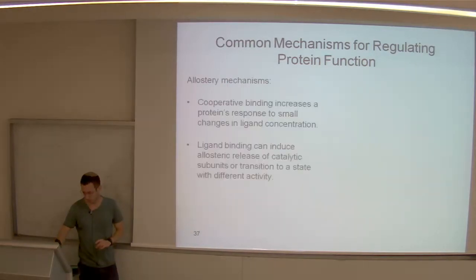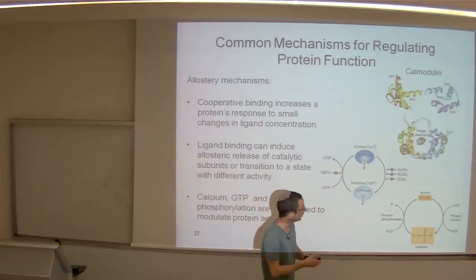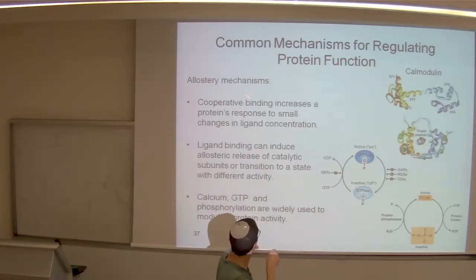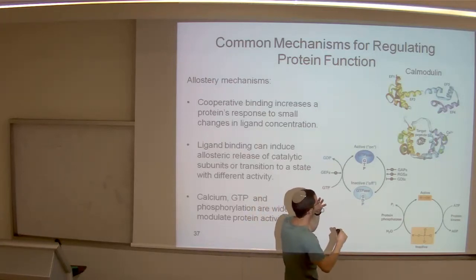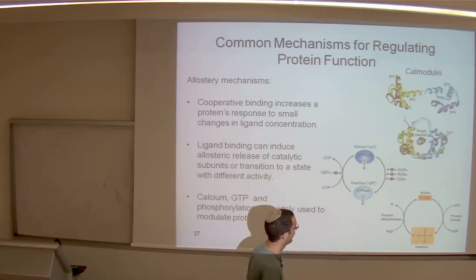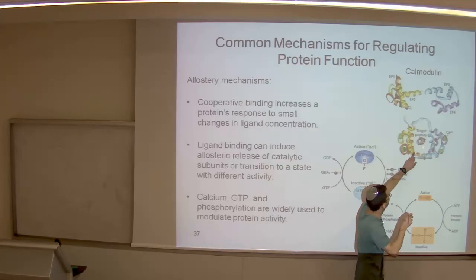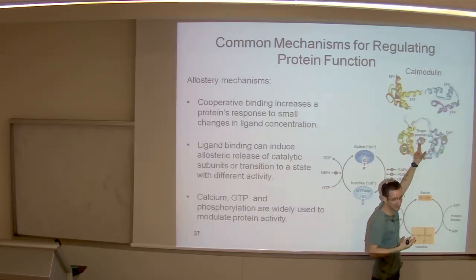So, some examples for allosteric mechanisms. The first one we will discuss is what we call cooperative binding. This is calmodulin. It's a protein that, upon binding to several calcium ions here in green, would change its conformation and would thereby bind other target peptides. So in this case, the terminology should be that the target peptide is the ligand of the calmodulin.